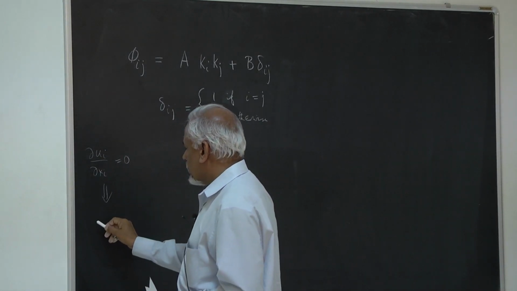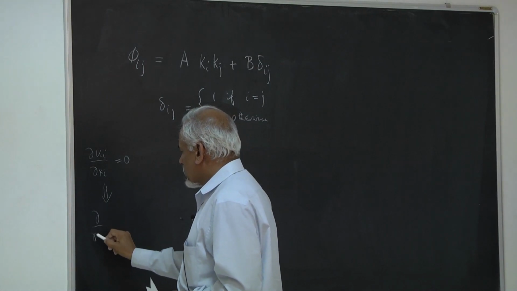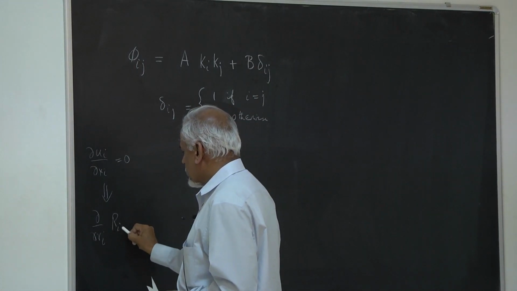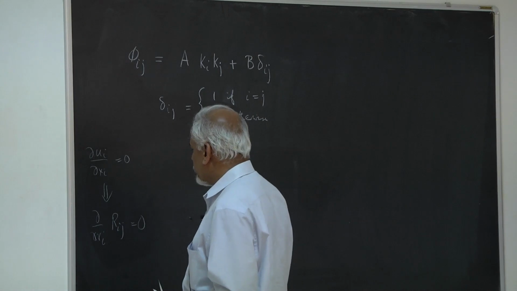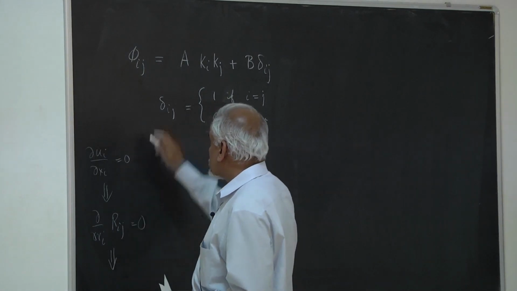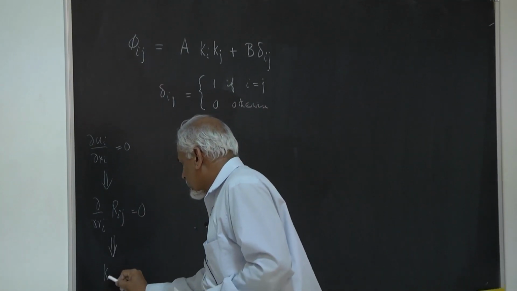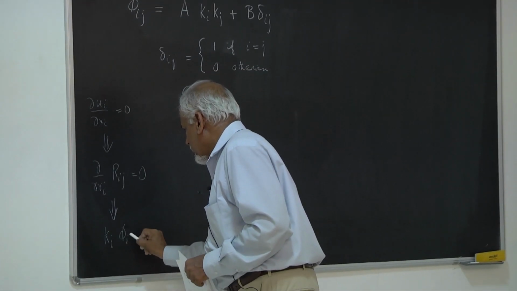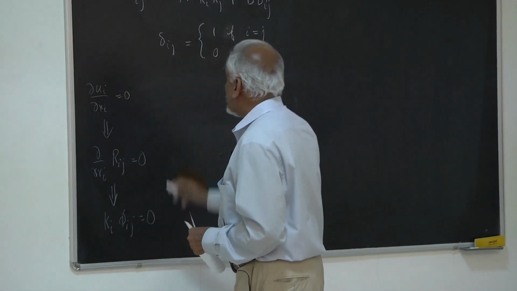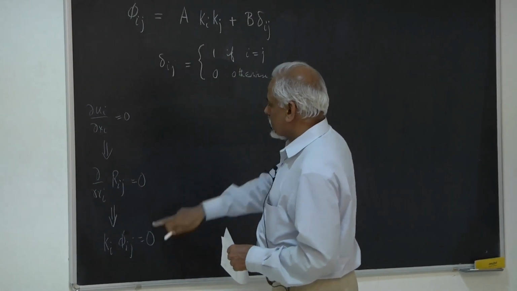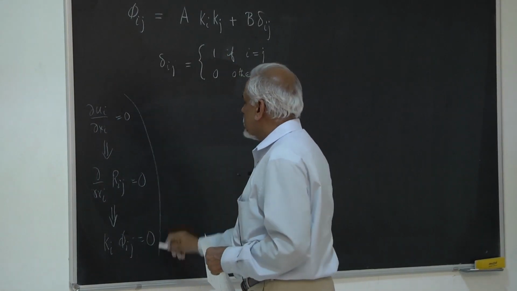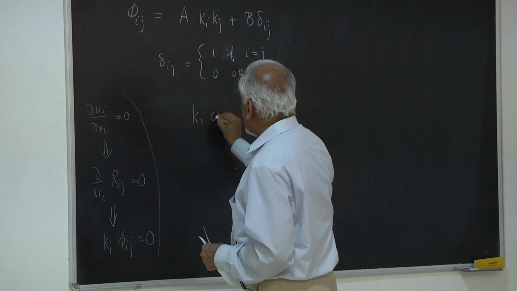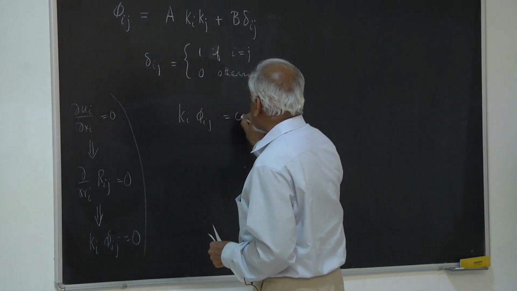When you translate this to Rij, you remember I wrote down dRij/dxi equal to 0, and when you translate to Phi, this is simply Ki Phi ij equal to 0. So it should be such that this condition is also satisfied. So if I say Ki Phi ij equal to 0.